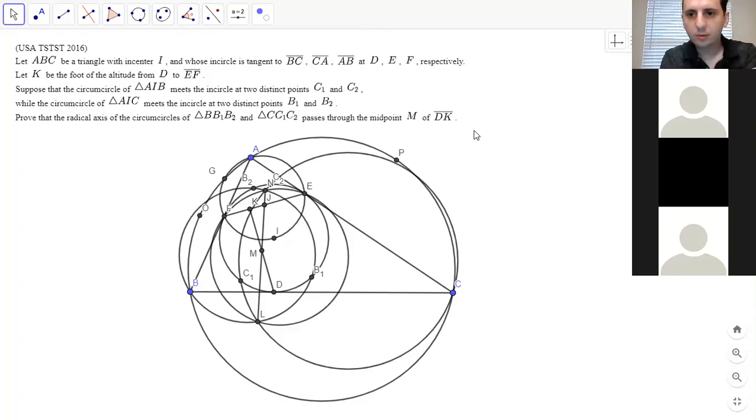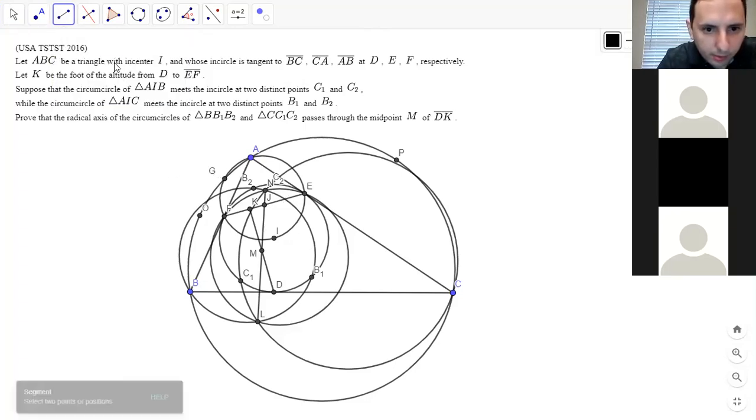But doesn't the circle with diameter AI, and so EF, EF, AI, and B1, B2. Okay, so they do concur.